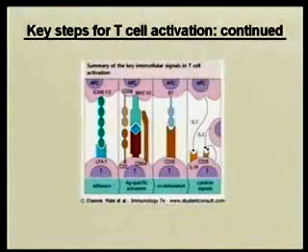After which, the T cell must recognize the peptide in association with the MHC class 1 or class 2 molecule. After these first two steps take place, there must be co-stimulation. So there has to be another signal that's transmitted from the APC to the T cell. But once these three steps happen, only then will the T cell become activated and produce the cytokines.